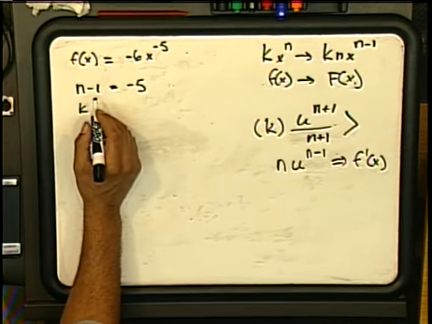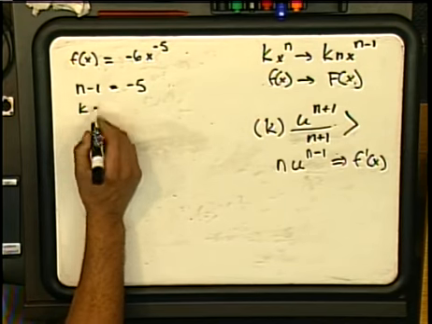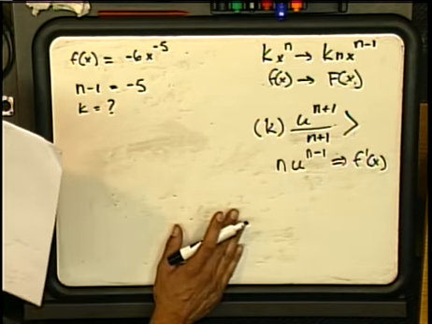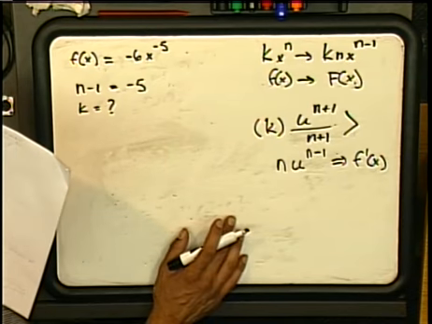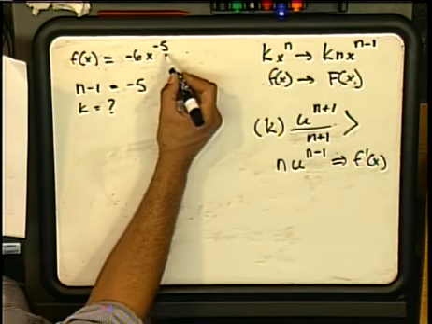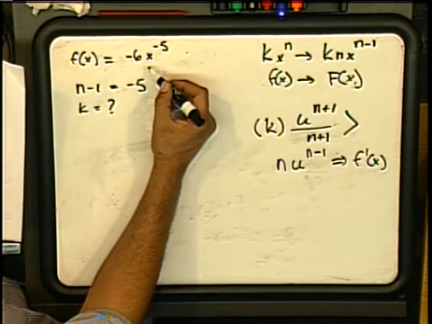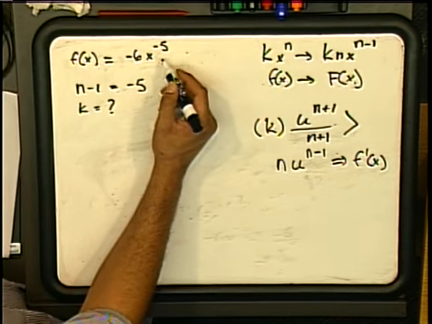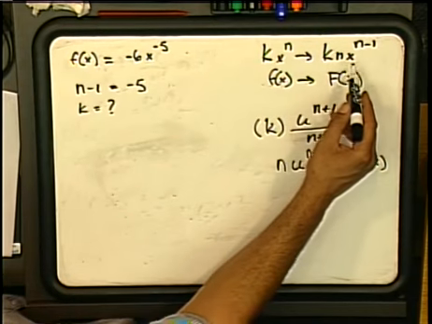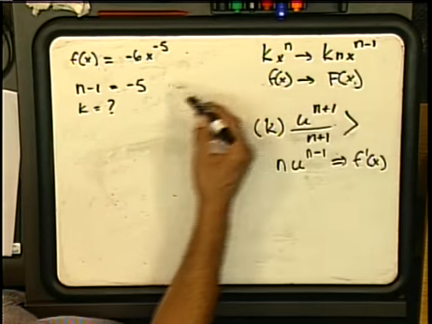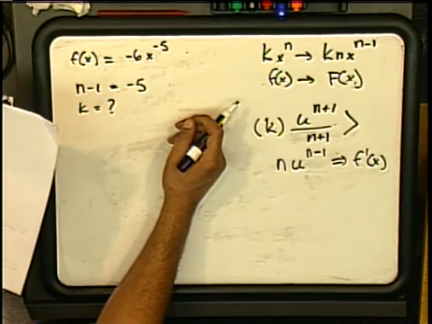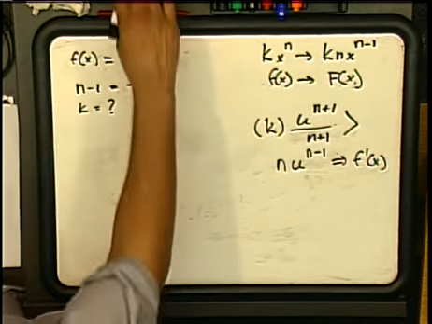K. We want to find K. He has this as, because this is given to us as the derivative already. So that's what he has.